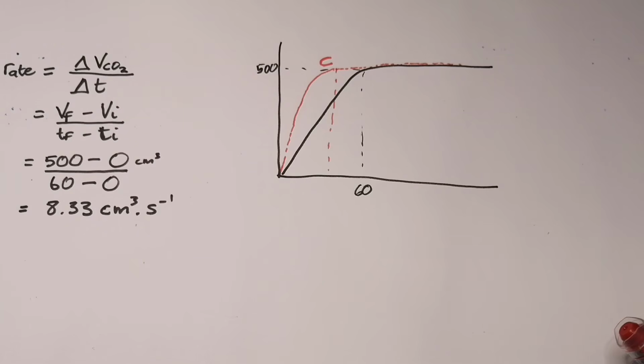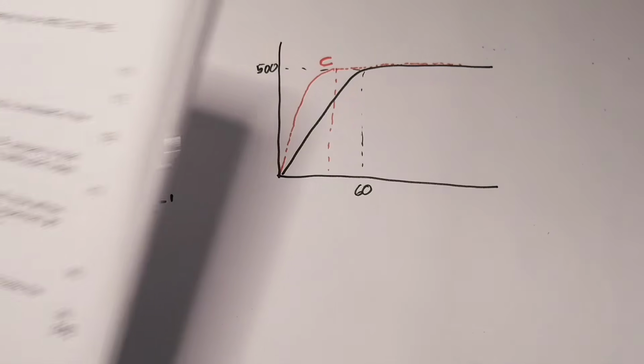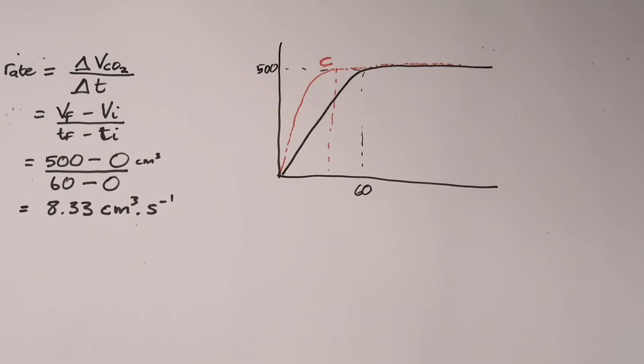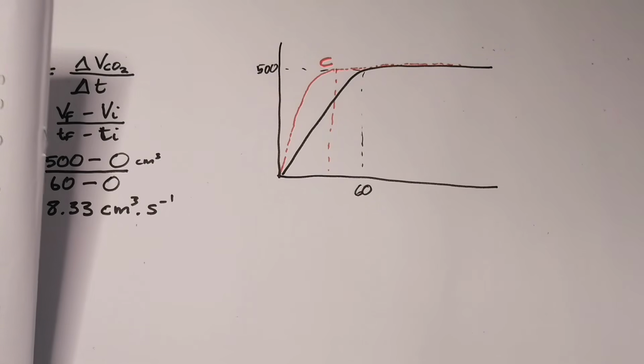So the greater the state of division, the greater the amount of reactants that are available to react. More collisions per second take place, and as a result, the rate of reaction would increase, isn't it?